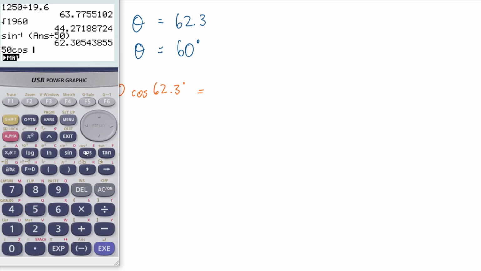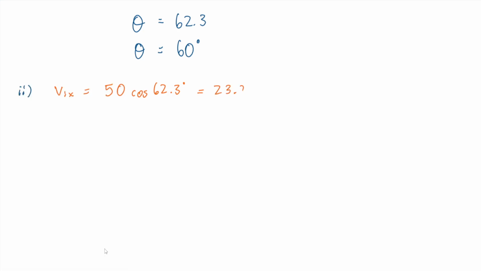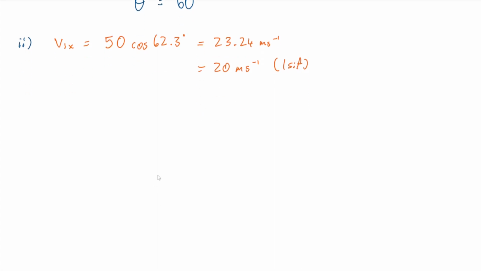Again, in my calculator, that number, the angle, is the last answer, so I will use shift answer to be more accurate. 23.24. Or as one significant figure, 20. But again, in calculations, we'll use the more precise answer. Okay, so that's part 2.